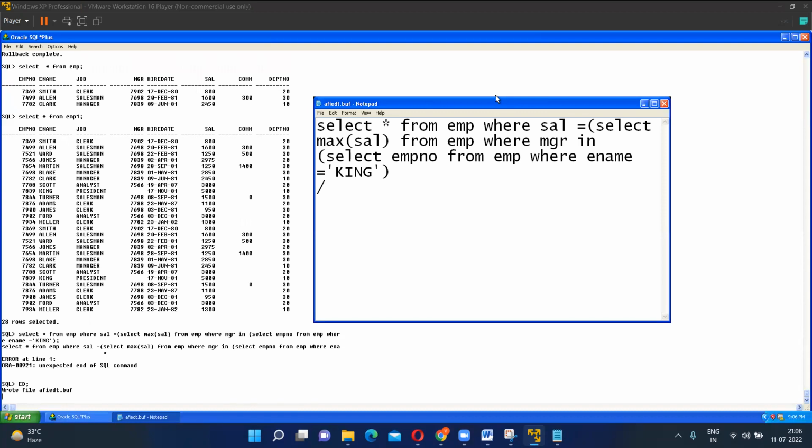What is the mistake here? Select * from EMP where salary in select max of sal from EMP where MGR in select employee number from EMP where ename equals to King. Any mistake I have done? What is her name? Samyukta. Any mistakes? Samyukta, are you there?